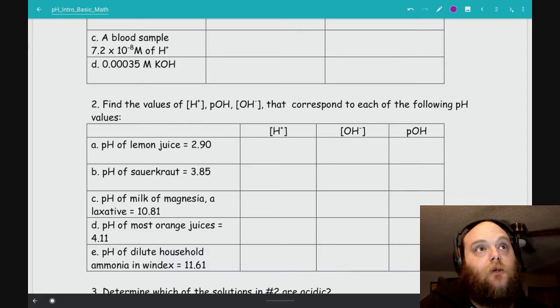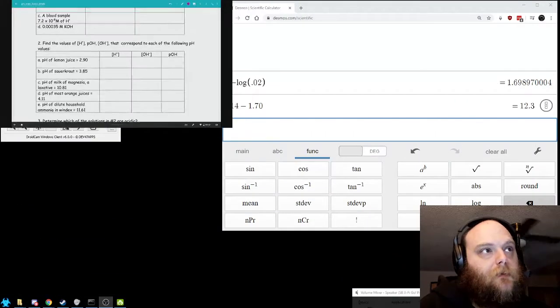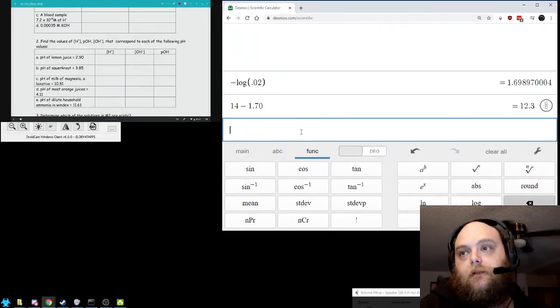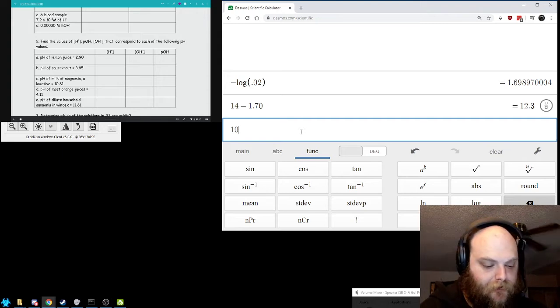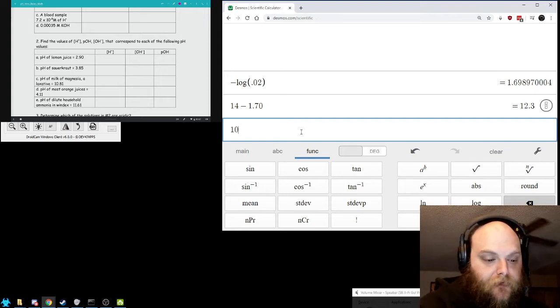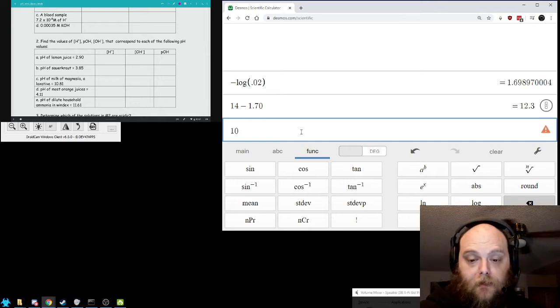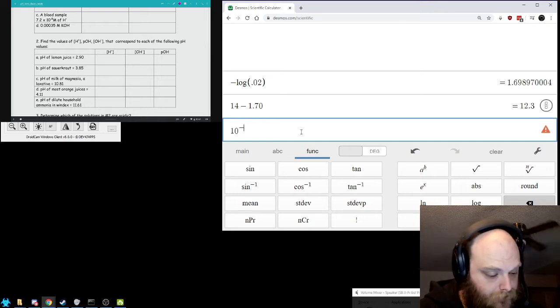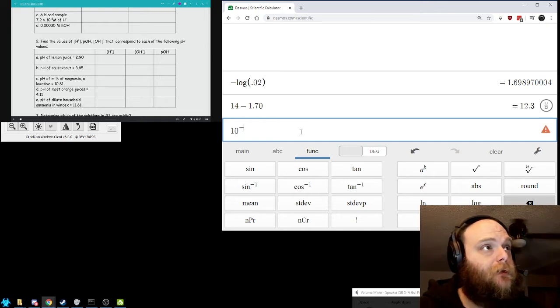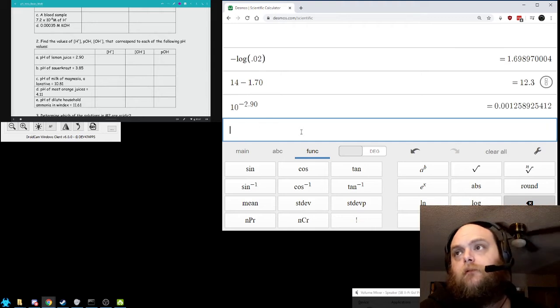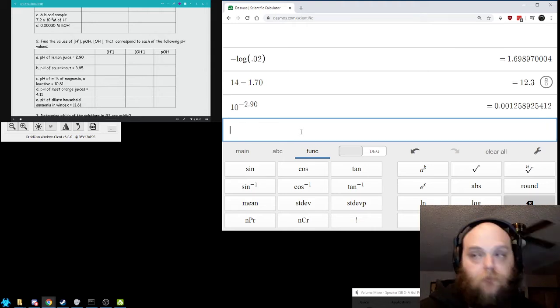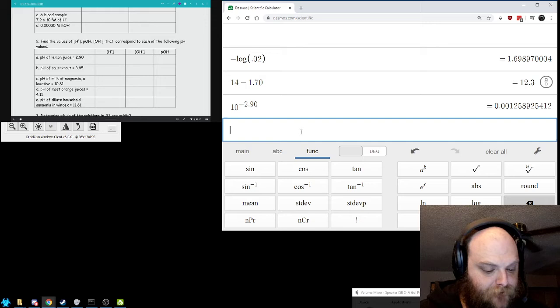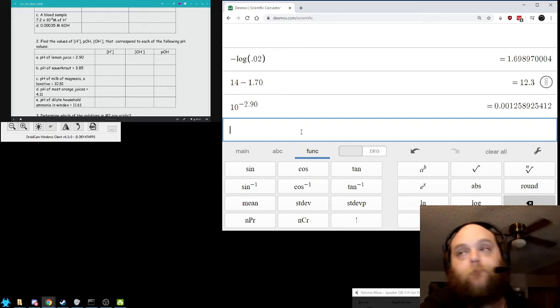We go back to Desmos or your calculator, but it's easier for me to show you on Desmos. So it's 10 raised to the negative pH. In this case, the pH was 2.90. Make sure you put the negative in there, otherwise it's not going to work.